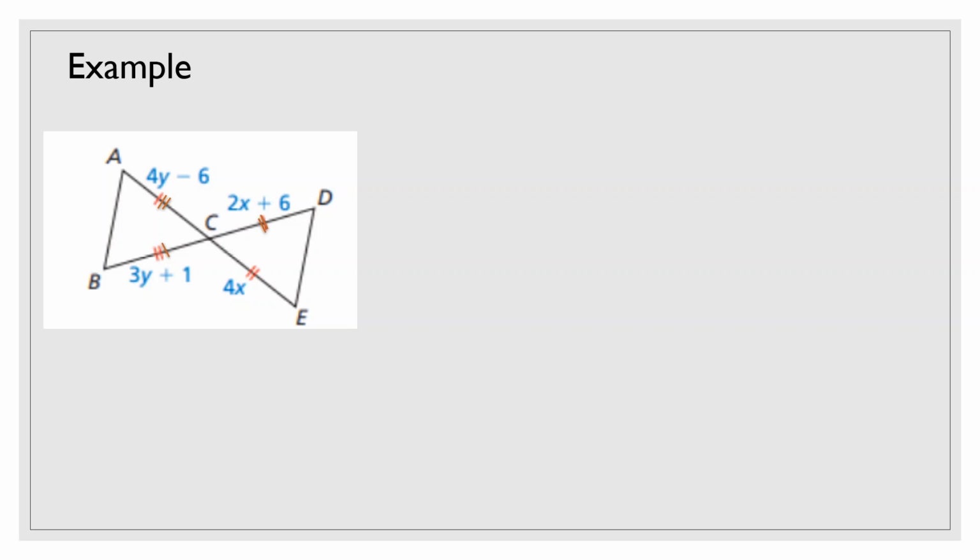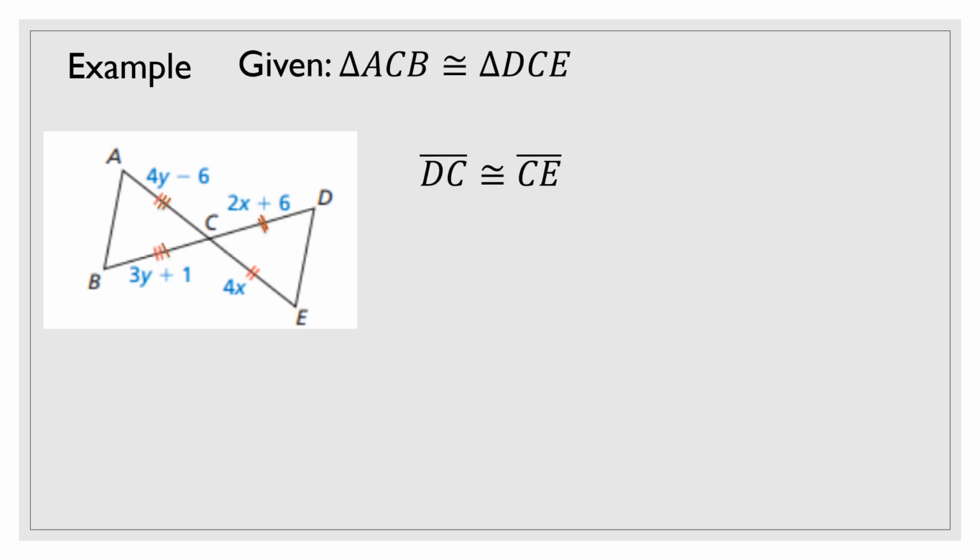So, to find the value of x, we have DC is congruent to CE. If they are congruent, then these two sides are equal. So substituting the value of DC, which is 2x plus 6, and the value of CE, which is equal to 4x. Then combine similar terms.